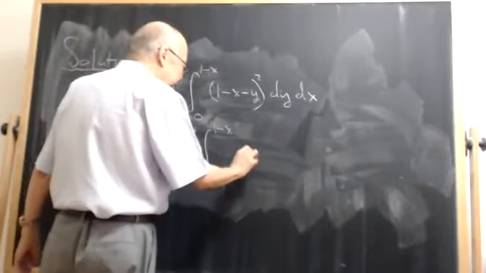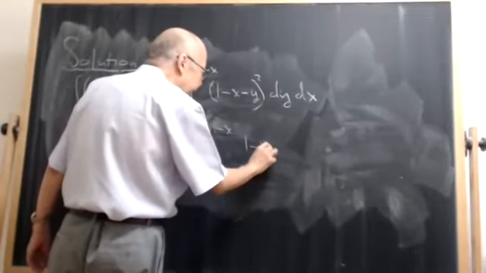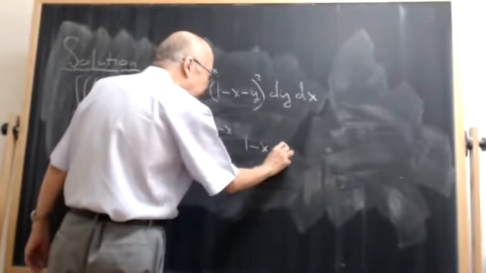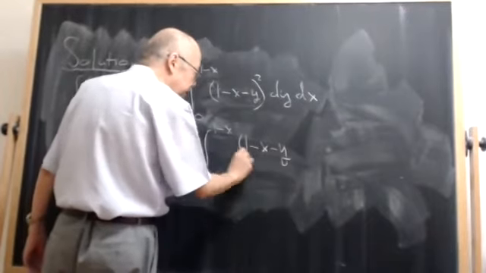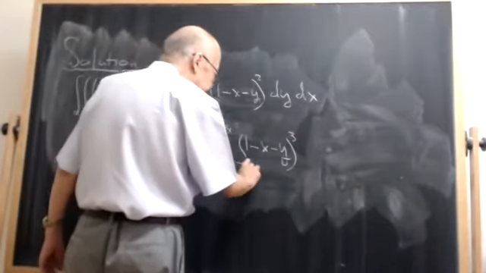Let me write this. So we are going to have 1 minus x minus y to the power 3 over 3.